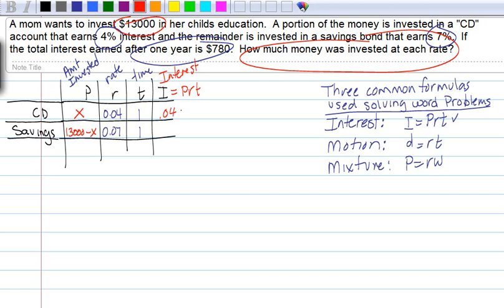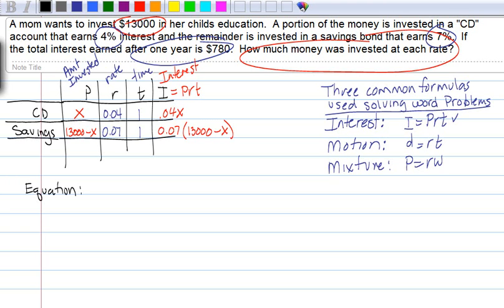So we have 0.04 times X would be the expression that goes for the interest in the CD. The same thing multiplying everything in the second row, we get 0.07 times the quantity 13,000 minus x.